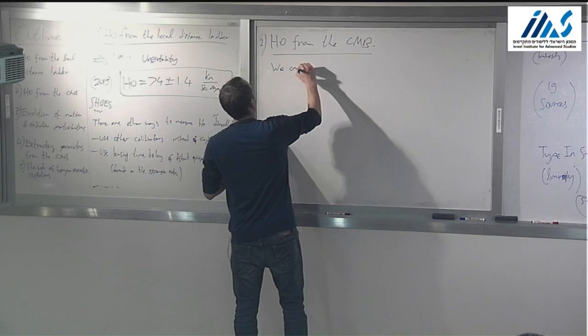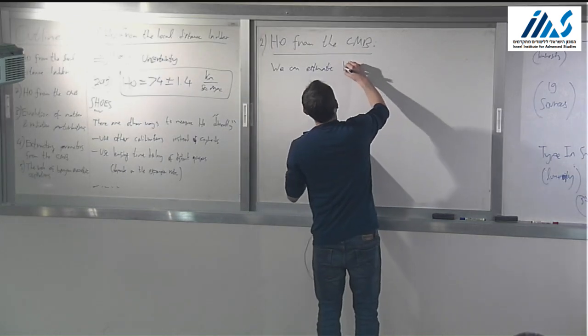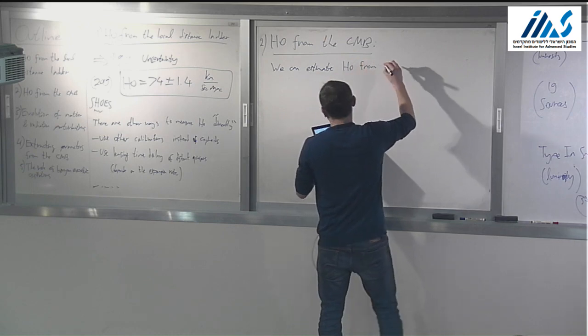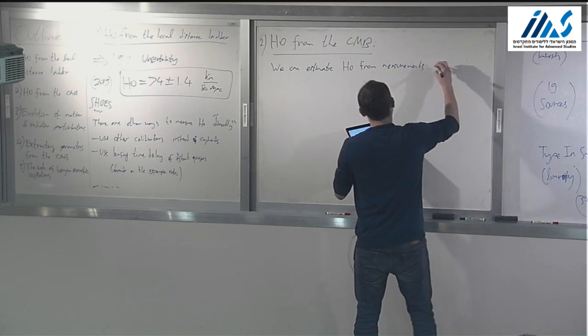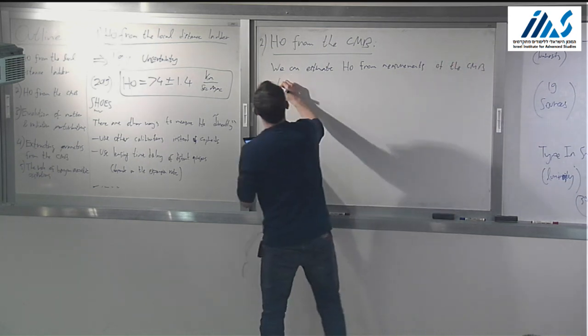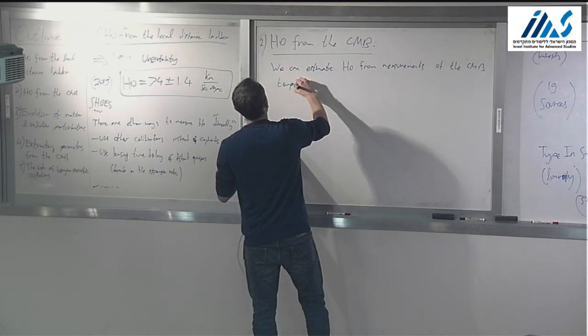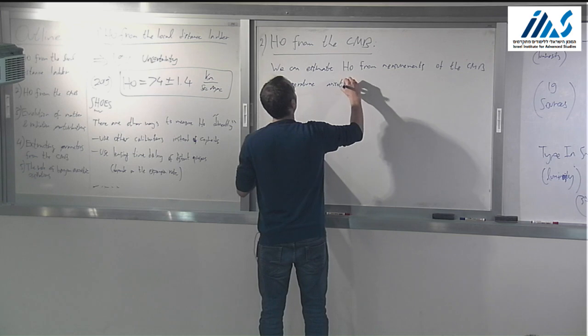So the claim is that we can estimate H0 from measurements of the CMB temperature and anisotropies.